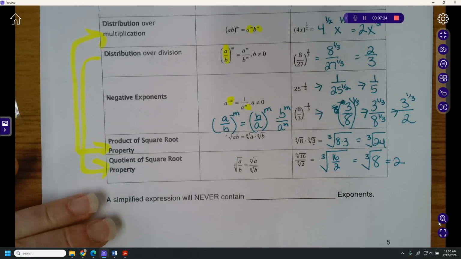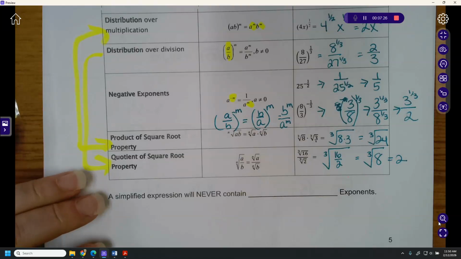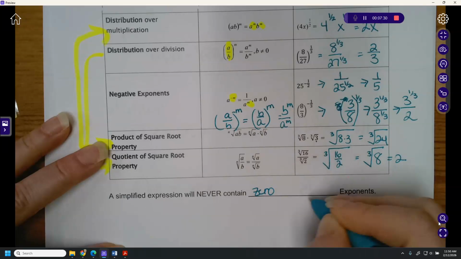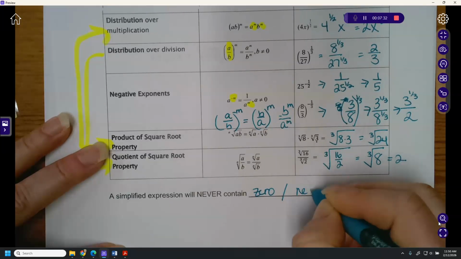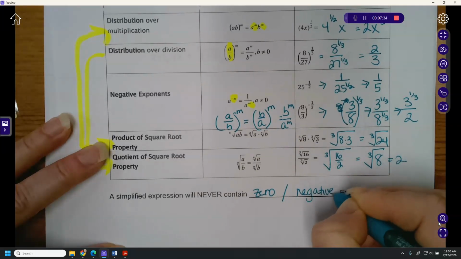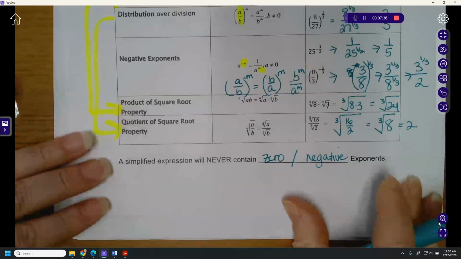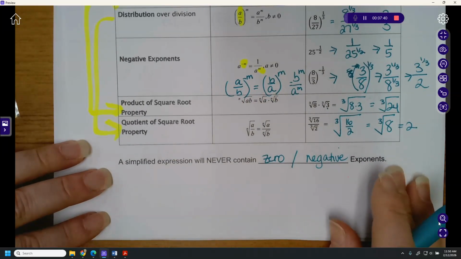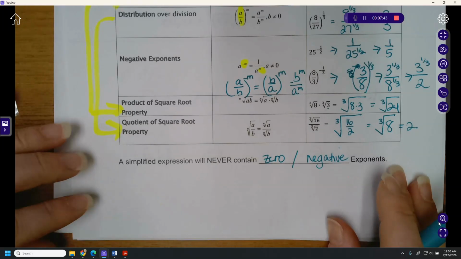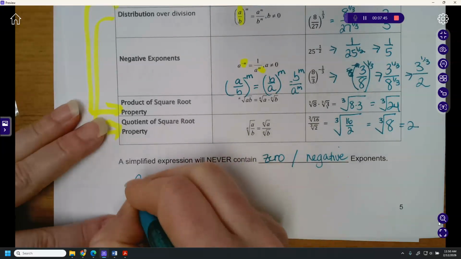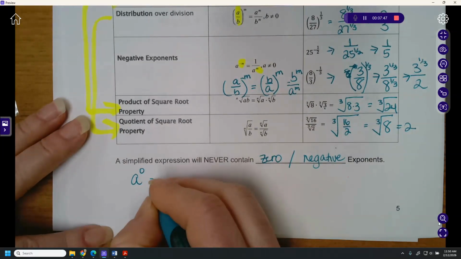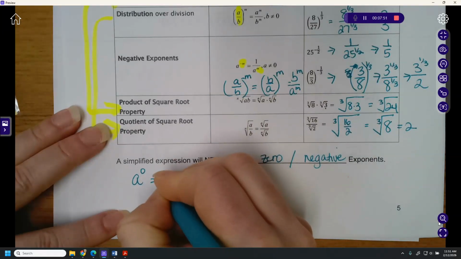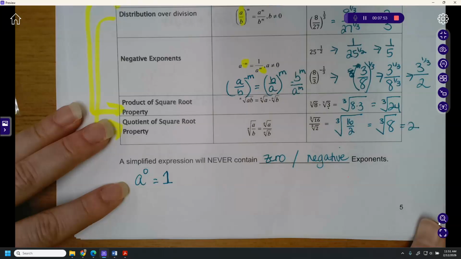So a word of caution, simplified expressions will never contain a 0. Oh, I should talk about that. And they will never contain a negative exponent. A reminder about that. Anything to the 0, in case I need to remind you, the reason why there'll never be a 0 exponent, anything to the 0 exponent is 1.